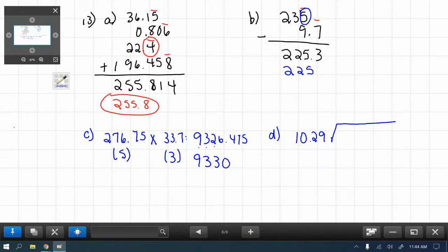Let me do it like this. So 479.1, and you divide that by the 10.29.